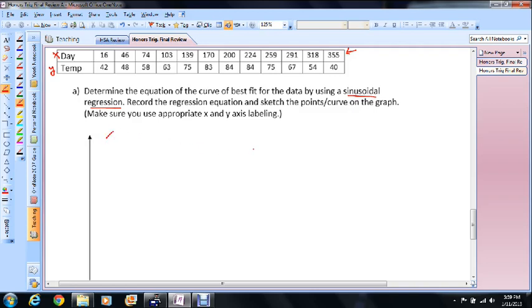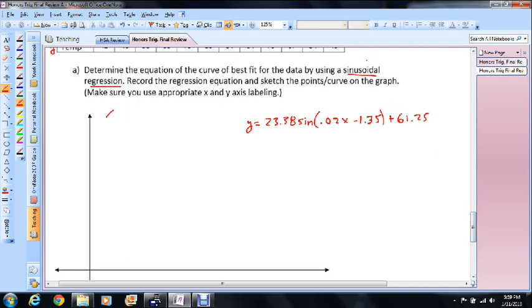Again, we have y equals 23.38 sine of 0.02x minus the 1.35 plus the 61.25. Alright, great. So we've answered the first part, we can check that off.